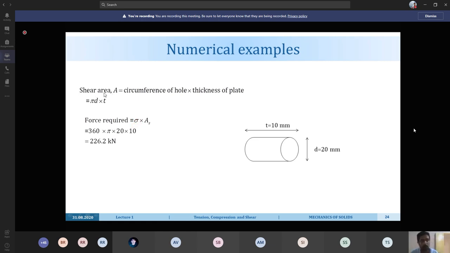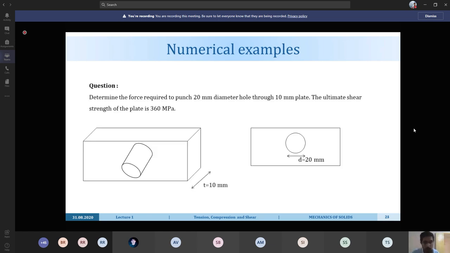So how do you calculate the area here? It is not the cross-sectional area perpendicular to the surface. We have to find the area parallel to the surface.